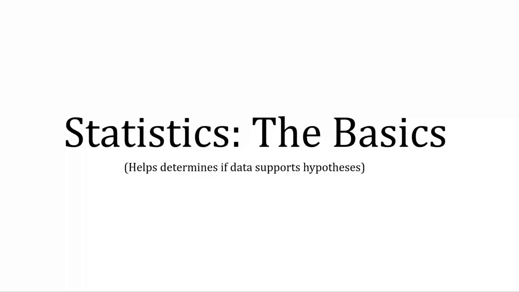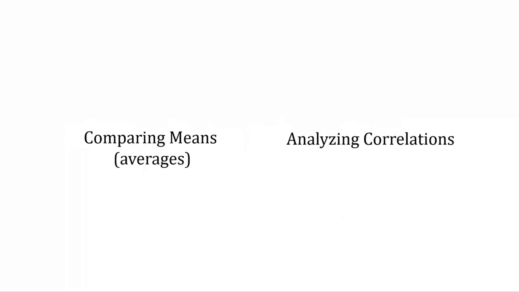Okay, so in essence, statistics will help you determine if data supports a hypothesis or not. It will help you determine how reliable the spread of data is. And basically there's two camps here. You can use two tools to figure out if a hypothesis is supported or not.